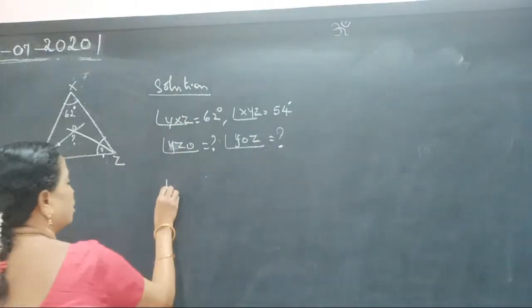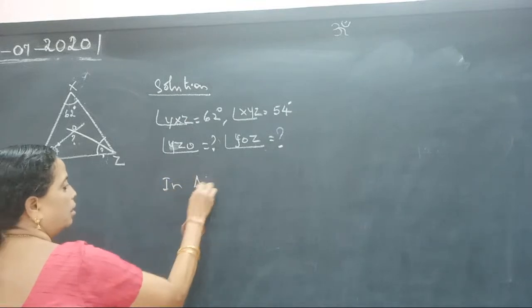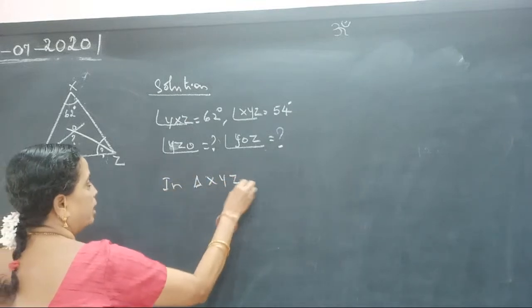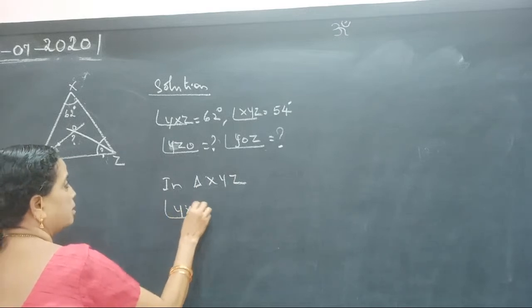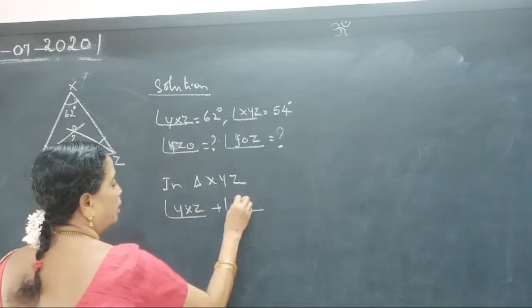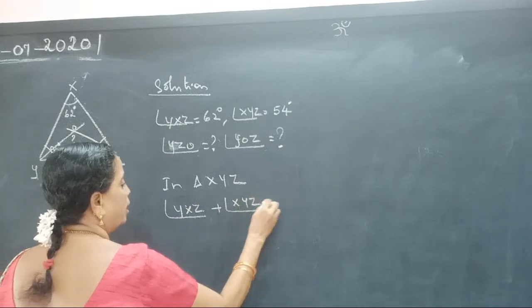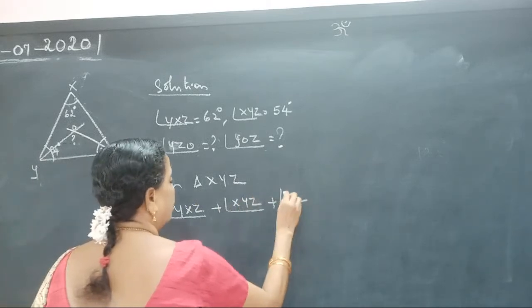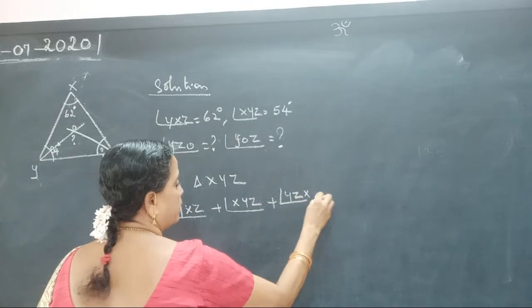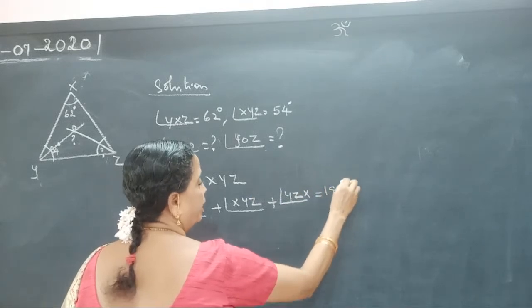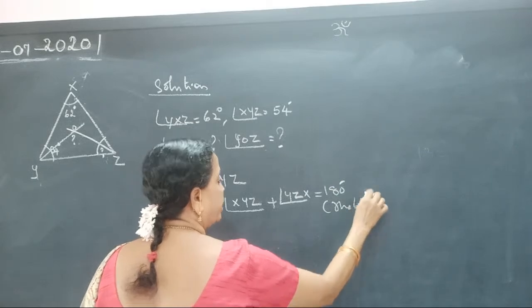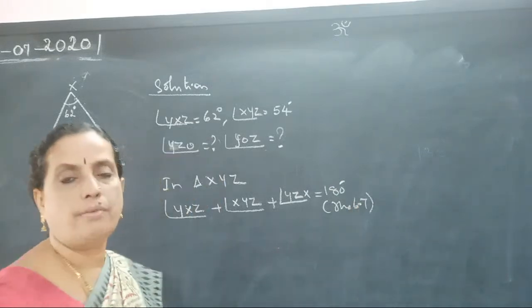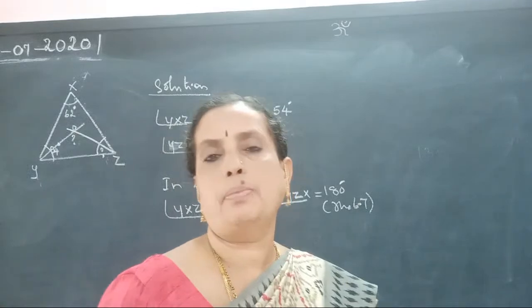That is, in triangle XYZ, angle YXZ plus angle XYZ plus angle YZX equals 180 degree. Theorem 6.7. So we are using angle sum property.